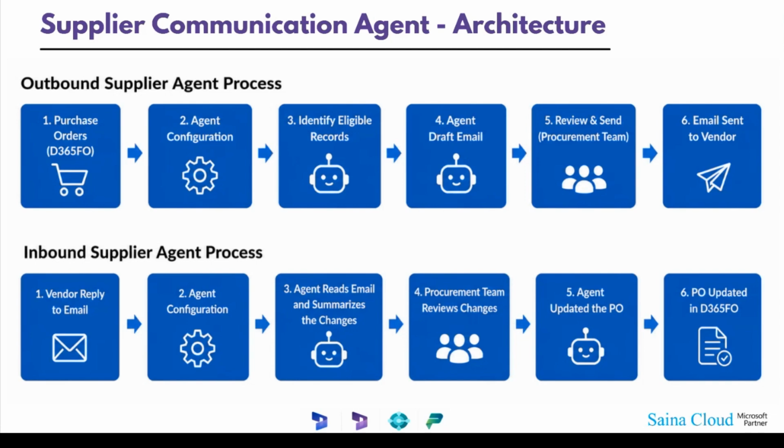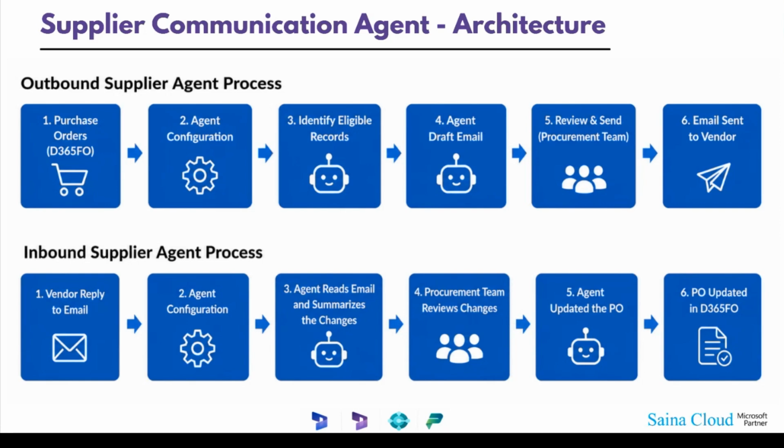So much manual process and unnecessary repetitive work was there, which can be automated and made easier. If you see the screen, the process in the agent starts when you create a purchase order and configure the agent. Now the task is done, and the agent is going to pick up everything.